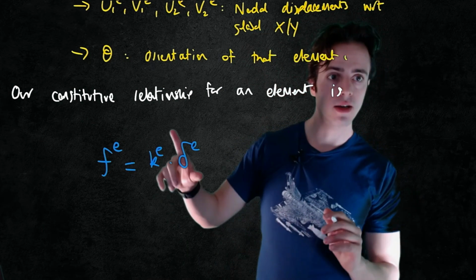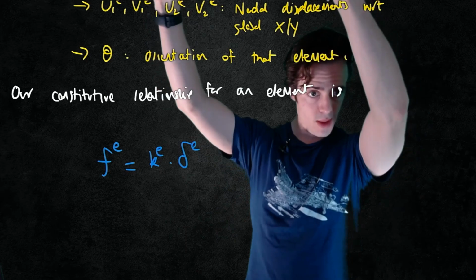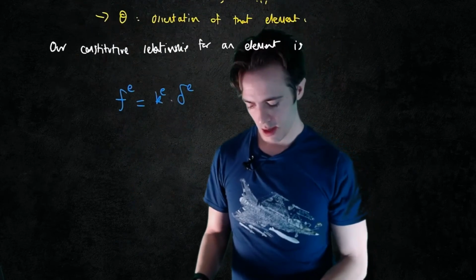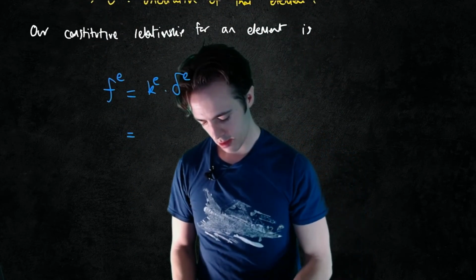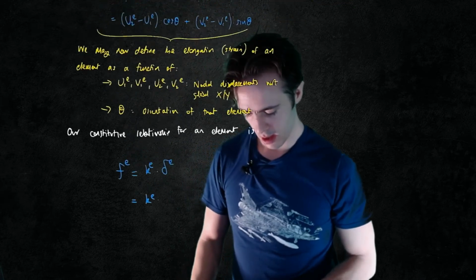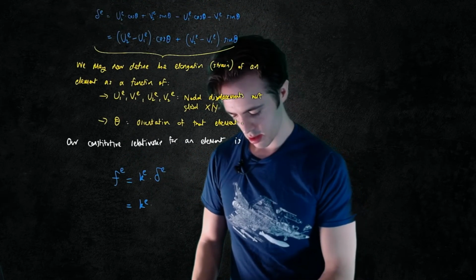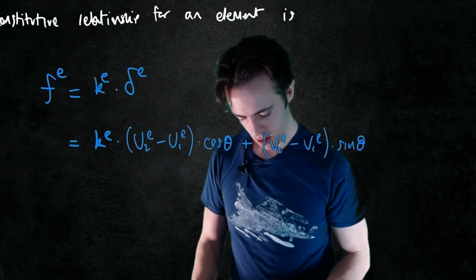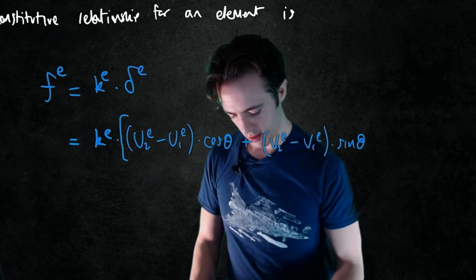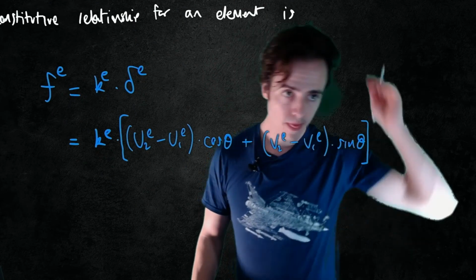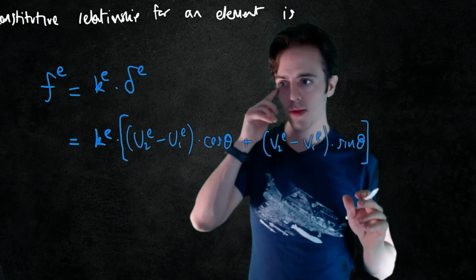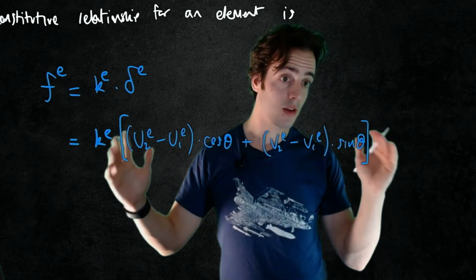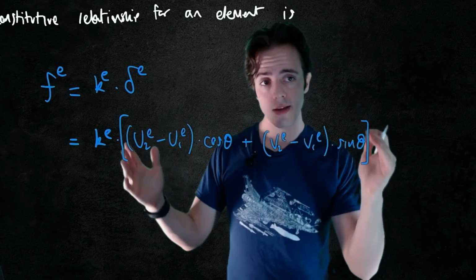And now, since we've defined this delta as something big up there, we can just take this expression and substitute it in down here. So let's rewrite this. Let me copy this because I'm lazy. Put some brackets around it so it makes mathematical sense. There we go. Okay, so we've now managed to come up with a means to determine the constitutive relationship for an element based upon these global coordinates.